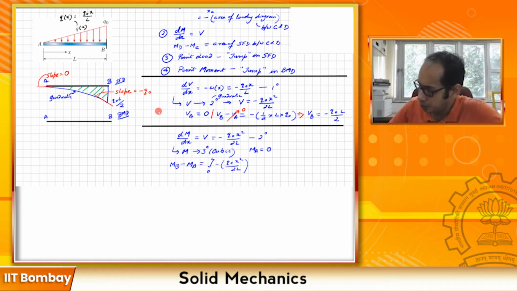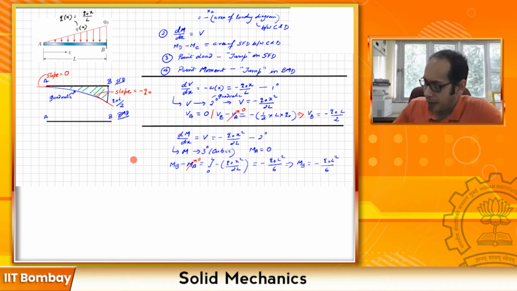So eventually you will get minus q naught L square by 6. And I know that my MA is 0 over here. So MA goes to 0, and this eventually gives you that your MB is minus q naught L square by 6.